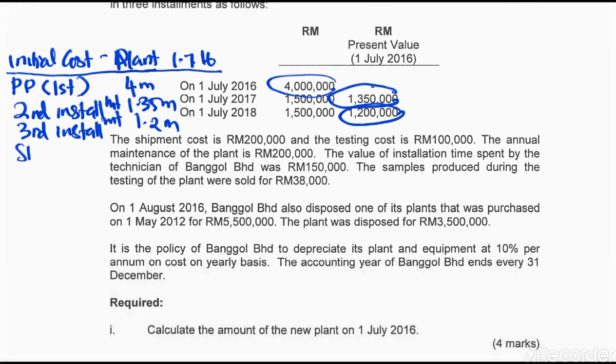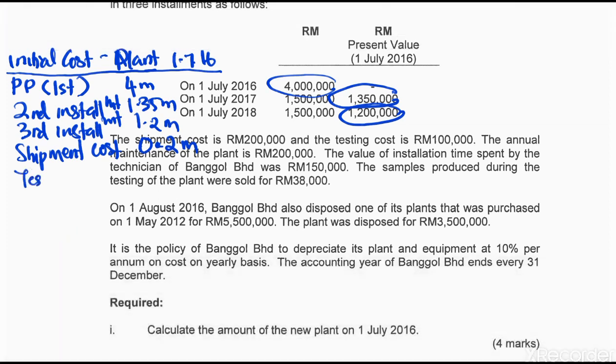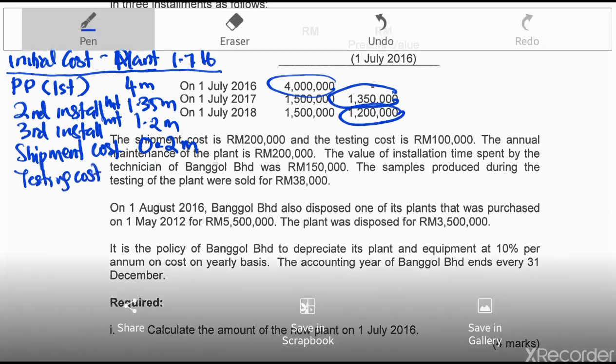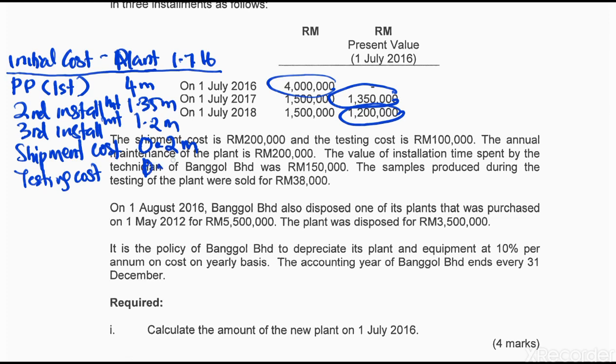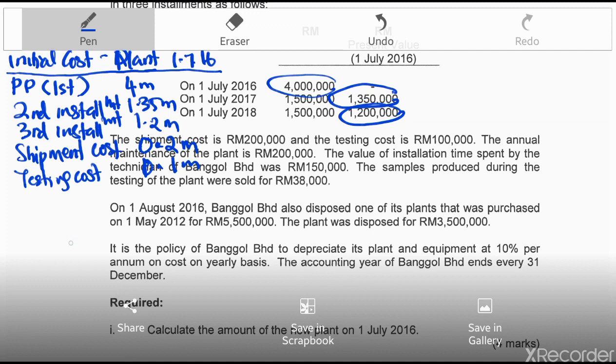You also incurred earlier the shipment cost. The shipment cost was 0.2 million, 200,000, given there in the question, the paragraph. Next one is the testing cost. Remember, testing cost is part of attributable costs to ensure that the asset is working properly. So this one is 0.1 million or 100,000.